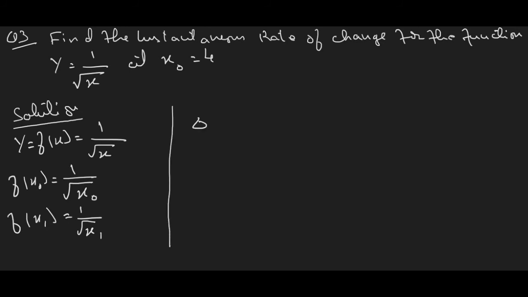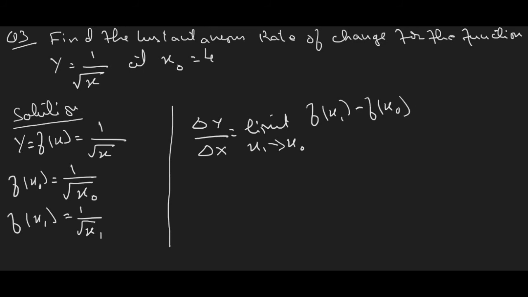Now using the formula, delta y by delta x is equal to limit x1 approaches to x naught and f of x1 minus f of x naught over x1 minus x naught.